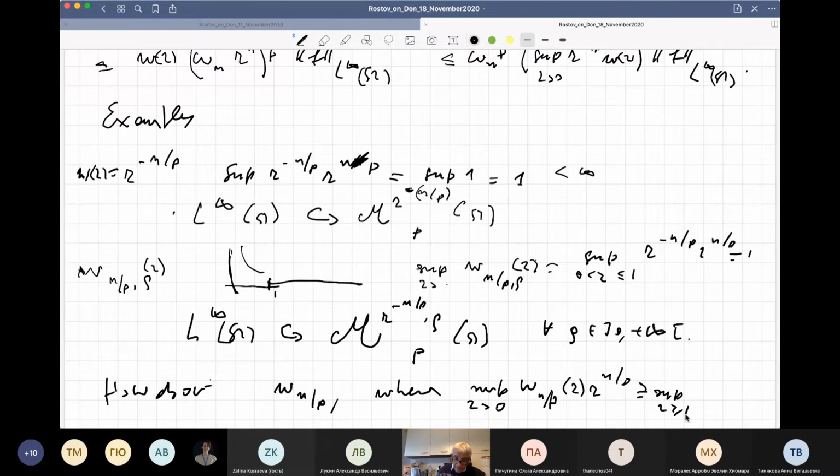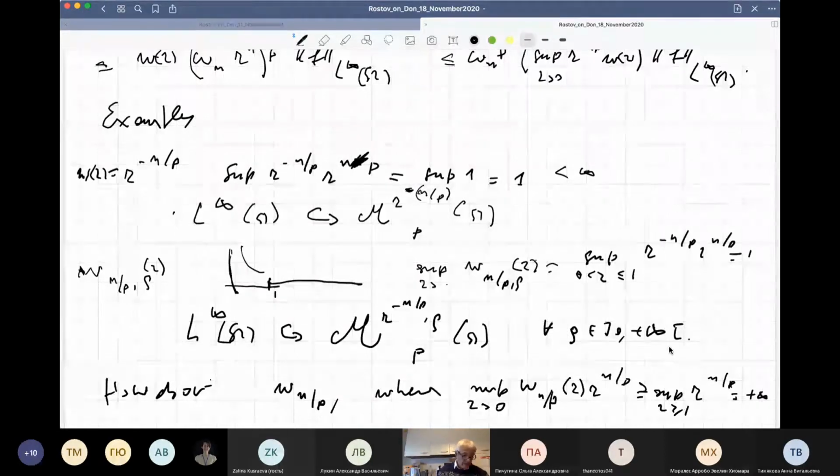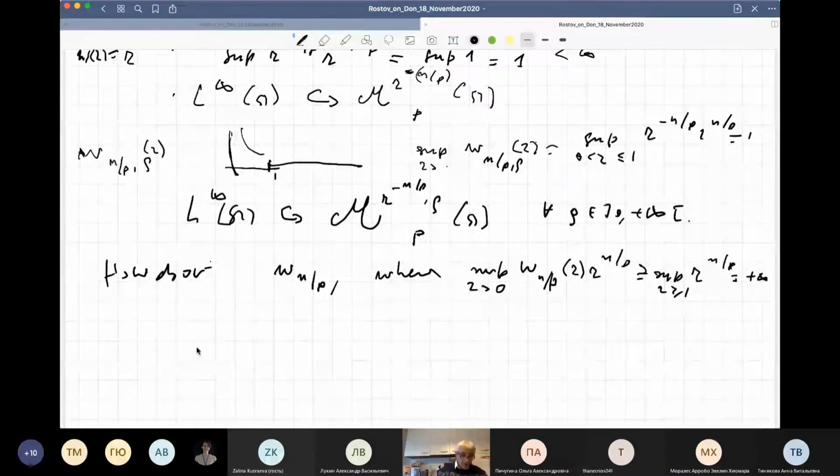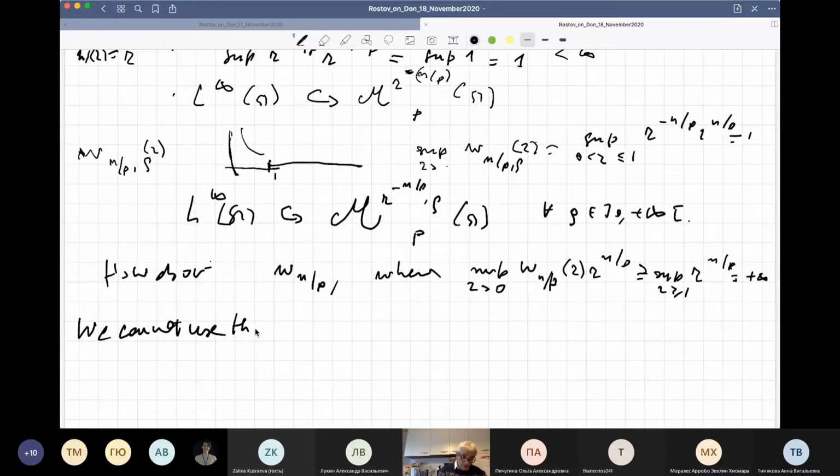For r greater or equal than 1, this weight is 1. So it is not okay to use the previous statement. Not okay at all. We cannot use the previous proposition.